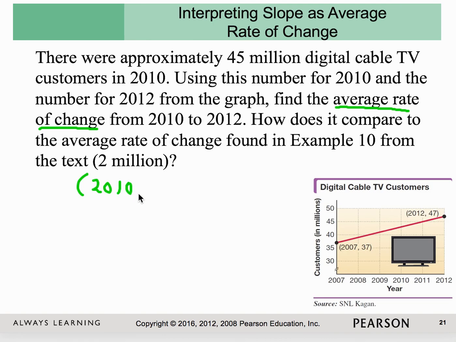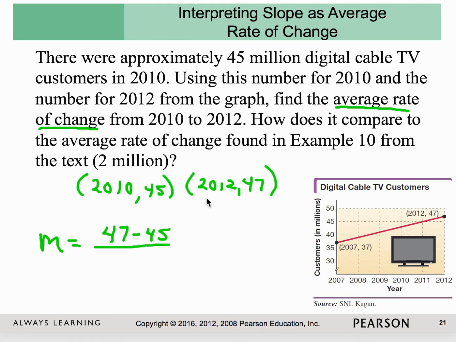So it tells me to use 2010, 45, and then the number for 2012, which is 47. So 2012, 47. All right, and the slope is simply the difference between your y's and the difference between your x's. So this is 47 minus 45.